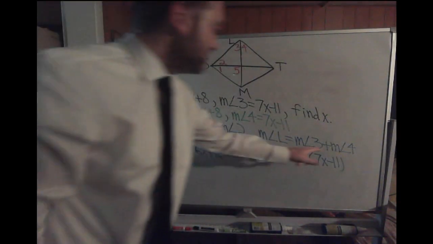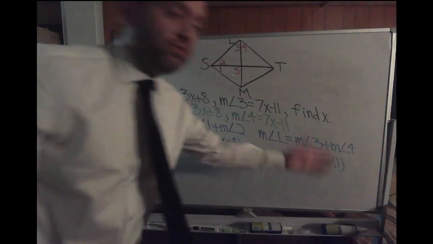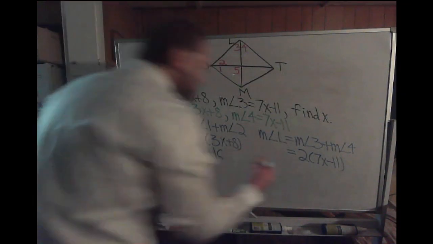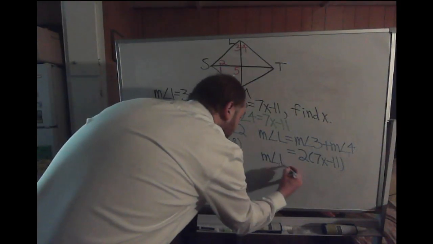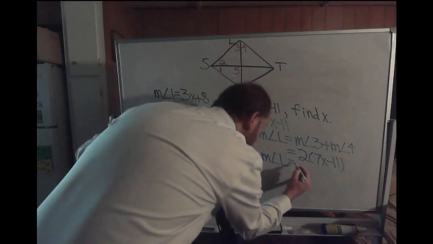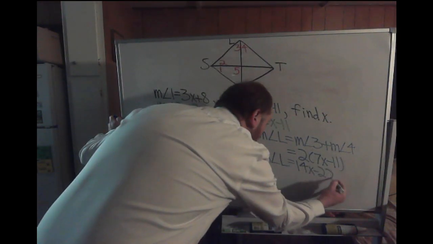I could have written in 7x minus 11 twice for this, but it would be the same thing as 2 times 7x minus 11. I thought it would just be simpler to distribute. So that means the measure of angle L equals 14x minus 22.